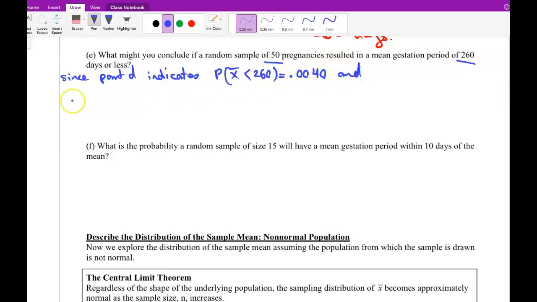And since this 0.0040 is less than 0.05, this is unusual.